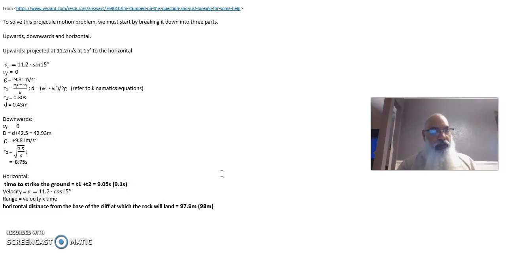Once again, the kinematic equation for the time of flight from the top all the way down to the ground is T2 is given by the square root of 2 times D. That's not a negative, that's a dot for multiplication. 2 times D over G, square root. And that comes out to 8.75 seconds. Once again, you can do your calculation and figure that out.